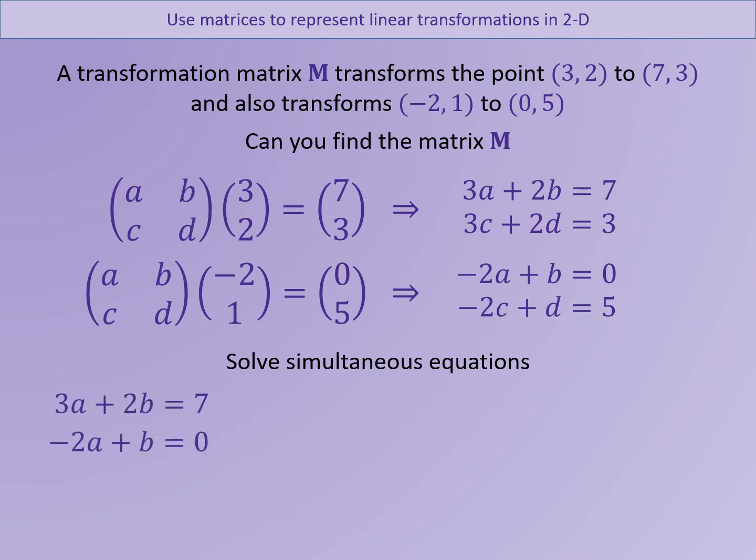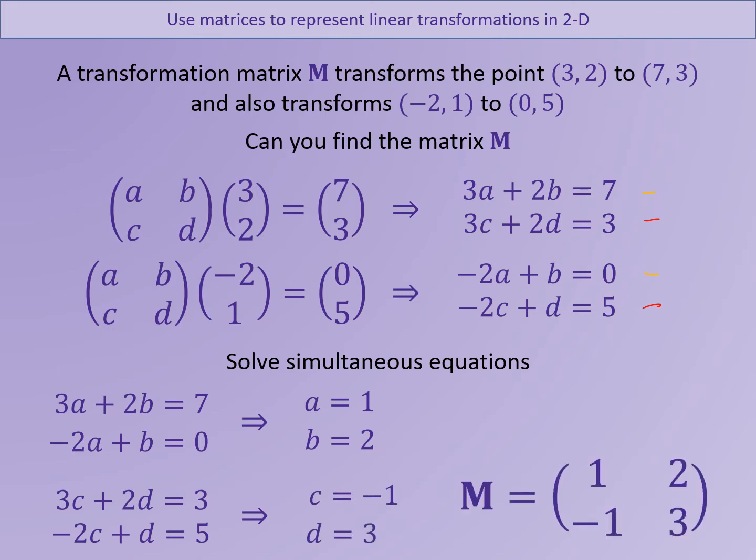If we take the first one here and the first one here, we can solve these to work out the values of a and b. And then if we take the other 2 equations, so this one and this one, we can solve those to work out the values of c and d, which means M has a value of (1, 2, -1, 3).